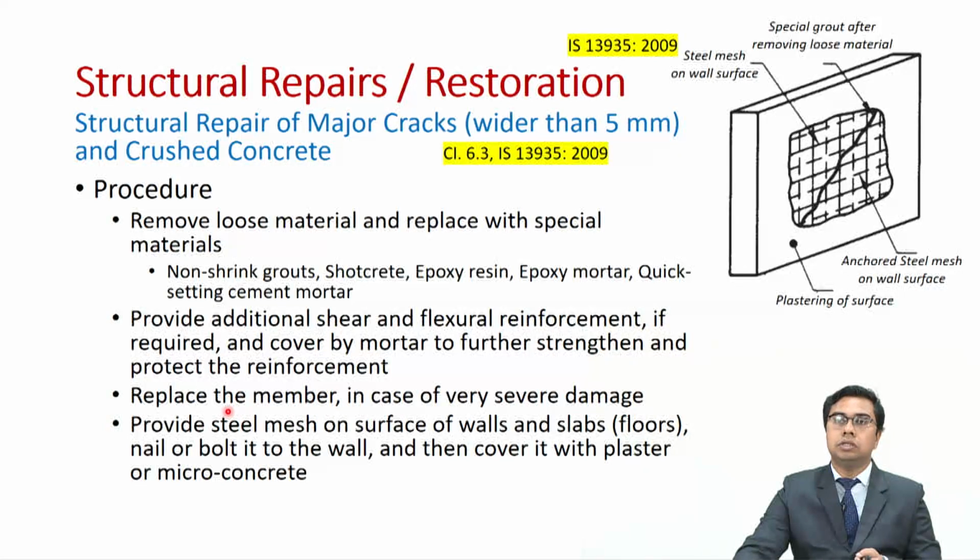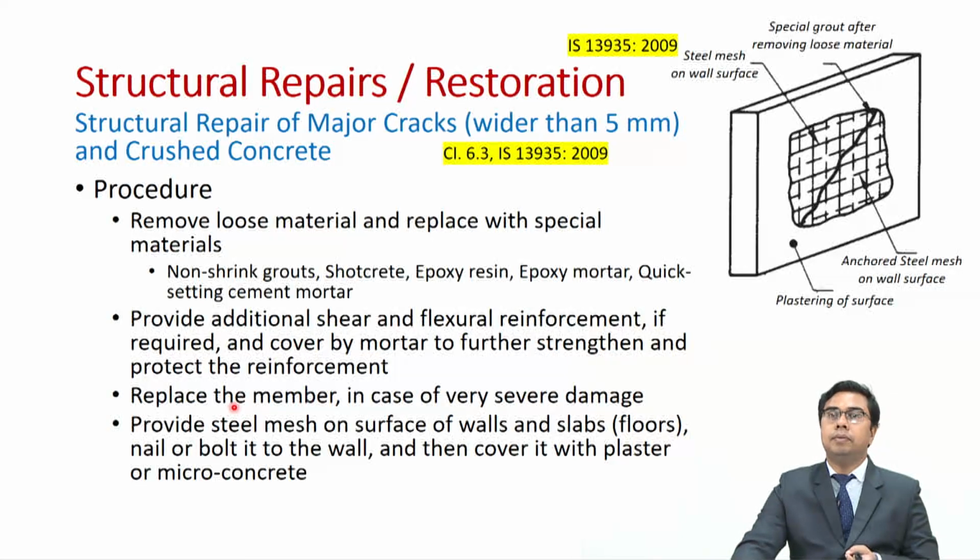When the replacement cost becomes comparable to the repair cost, then we can go for replacement of the member as well. We can also provide steel mesh on the surface of the wall on either side and bolt it to the wall through nail or bolt, and then we will cover it with plaster or micro concrete. We can also do shotcrete as well.